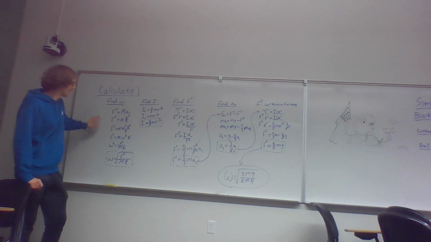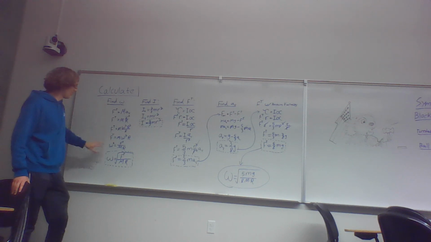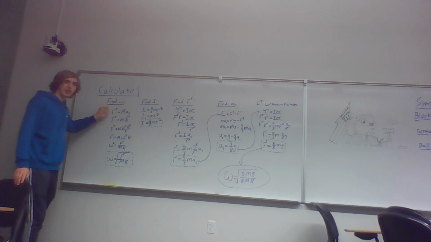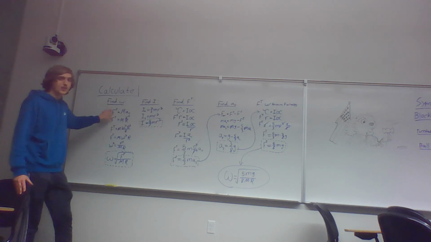Now we're going to calculate the angular speed of the turntable. So the first thing we want to do is symbolically find the angular speed with the symbols that we have. First we're going to use Newton's second law, F equals ma, for the tension in the string.